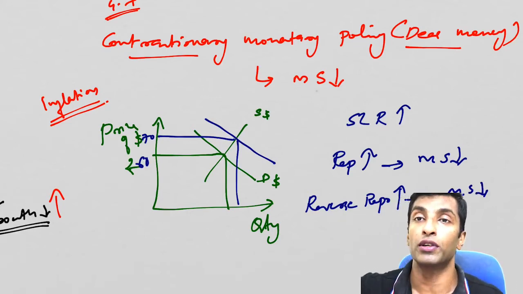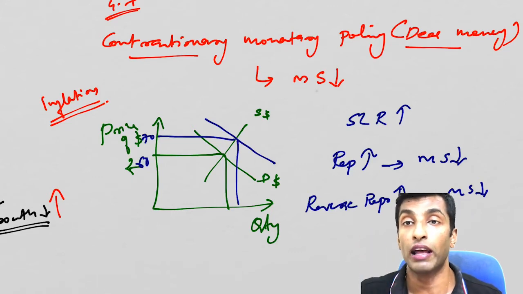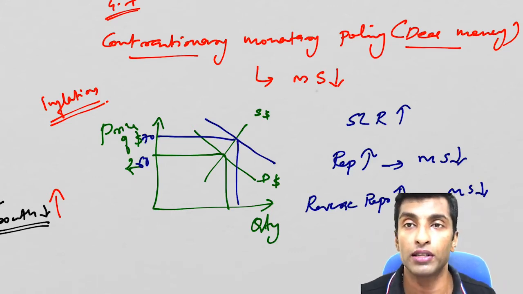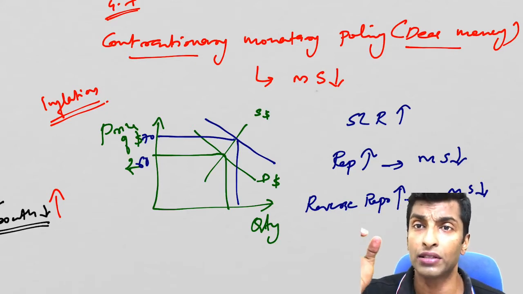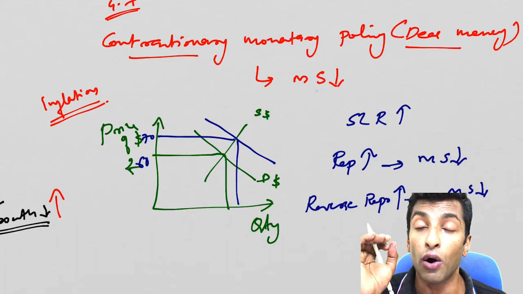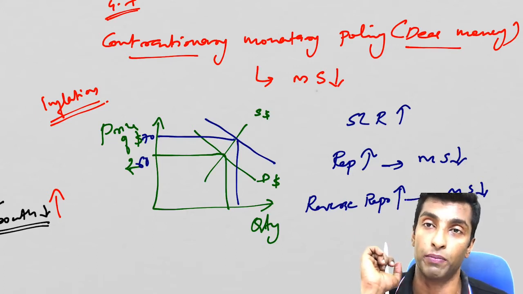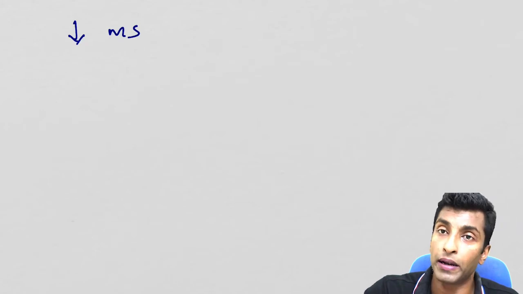So for all monetary policy tools, what does RBI have to do? Increase all. CRR increase, SLR increase, bank rate increase, repo increase, reverse repo increase, all are parts of contractionary monetary policy. Okay, so let me write down that definition. It seeks to reduce money supply in the economy.